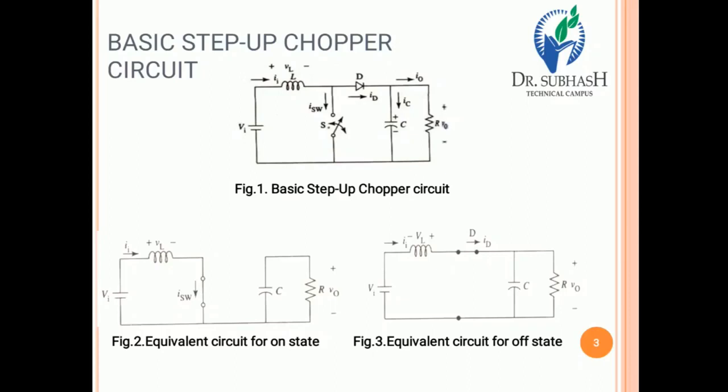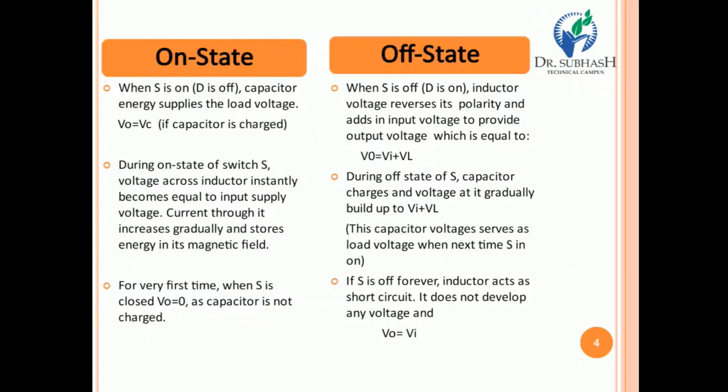In figure 3, the switch is in the off condition, so the diode goes into the forward bias condition, and it works as a closed switch. So that is the equivalent circuit for the off state, and figure 2 is the equivalent circuit of the on state of the basic step up chopper circuit.